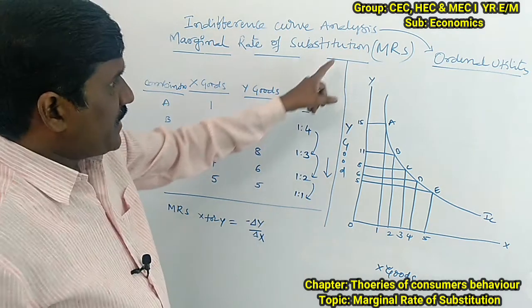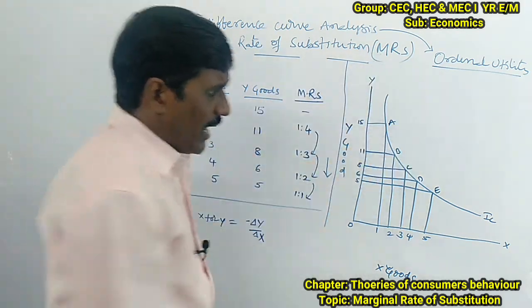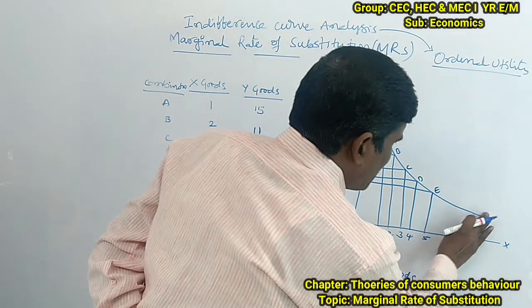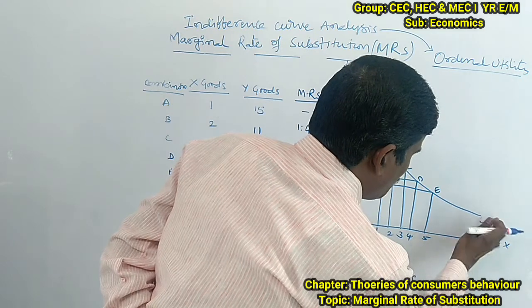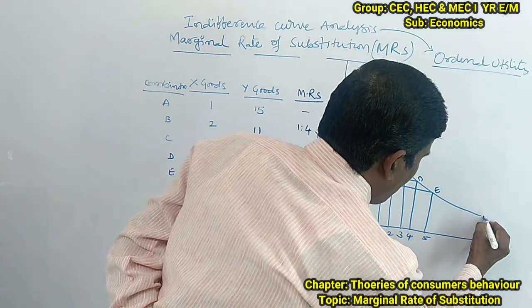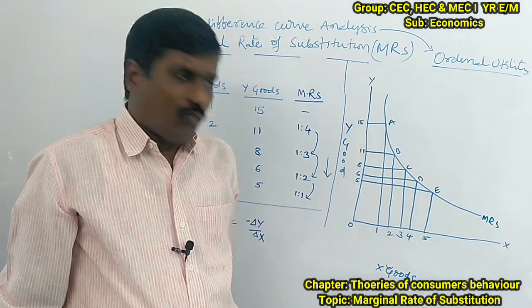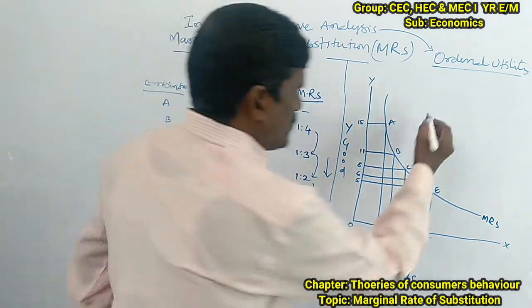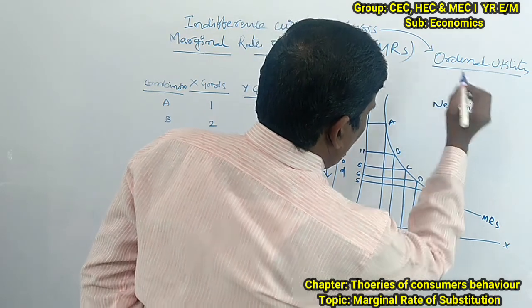What is the slope of the marginal rate of substitution? This is called the IC curve. We are discussing the marginal rate of substitution, and this curve is known as MRS. What is the slope? It is negative. What is negative?